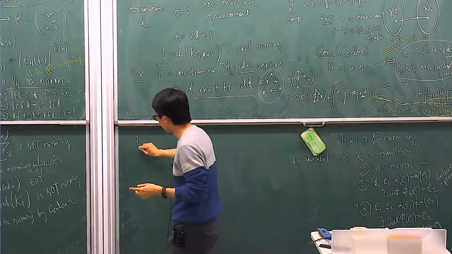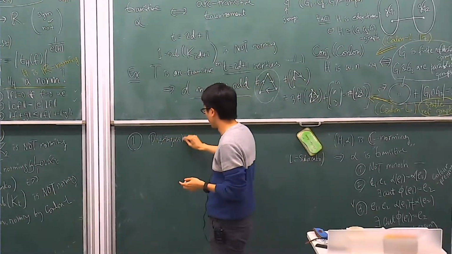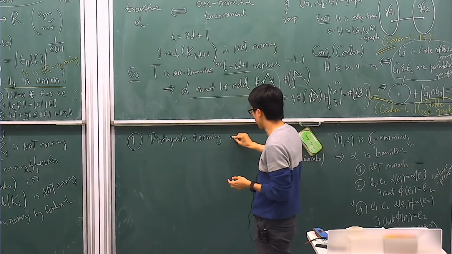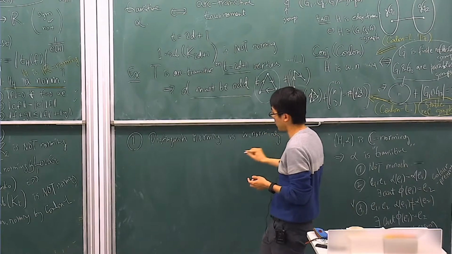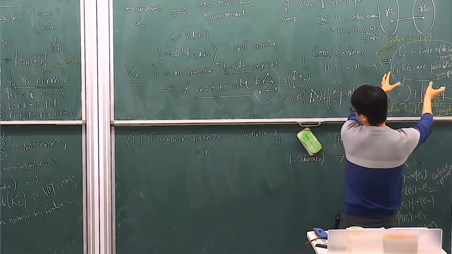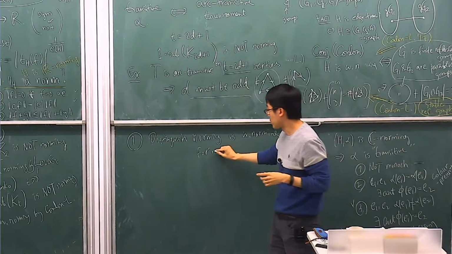For example, distinguish norming graphs versus weakly norming graphs for reflection graphs. Here we have a variety of examples that are weakly norming. So it should be interesting.